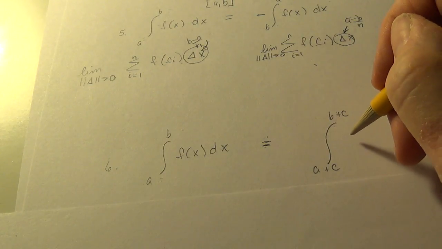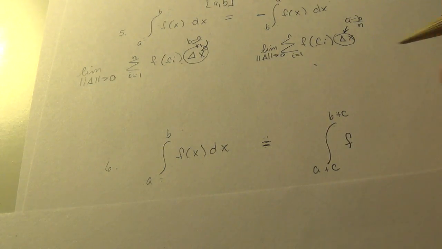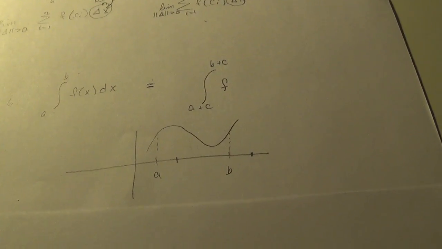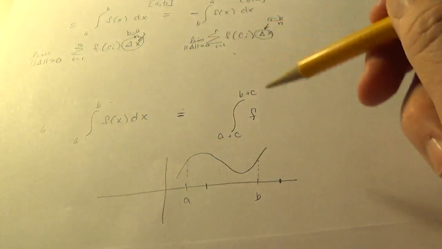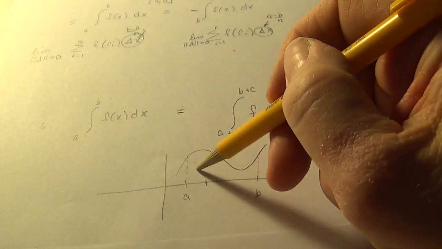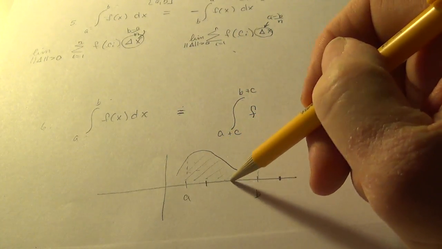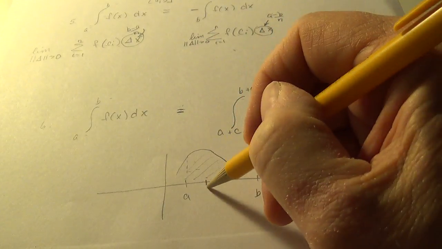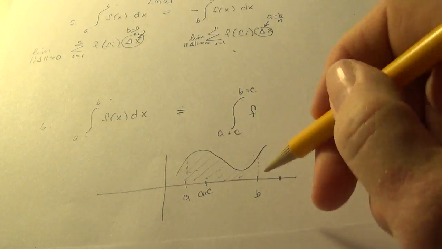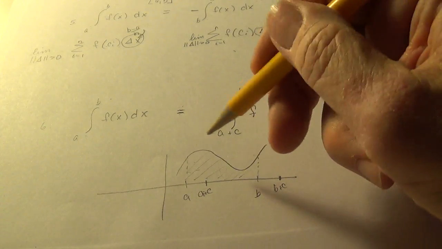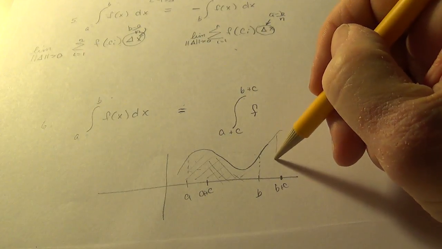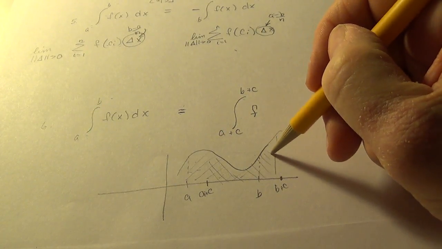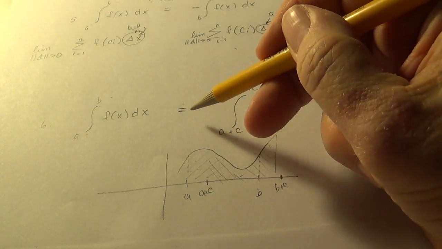What do I have to do to this function in order to keep the area under the curve the same? So this is where I had trouble drawing this one. This is representing the area from a to b. So it's the area under the curve here. But if I add, say, a value a plus c and b plus c, then I'm looking at the area from here to here. They're not equal at all, but I want to keep them equal.